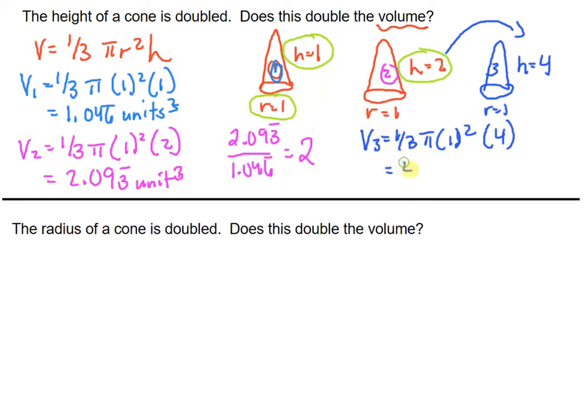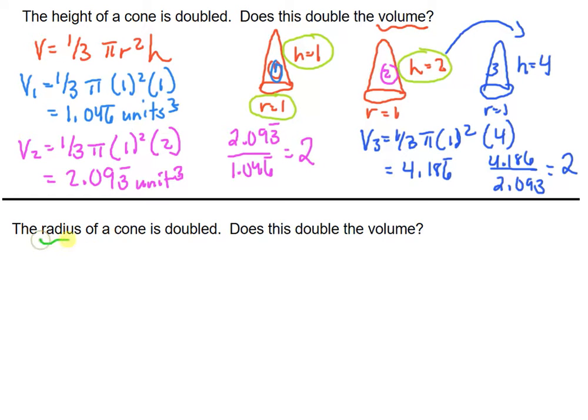I get 4.186 continuous. So let's divide 4.186 by the previous one, 2.093. And yes, it does double. Awesome. So if you double the height of a cone, it does indeed double the volume.